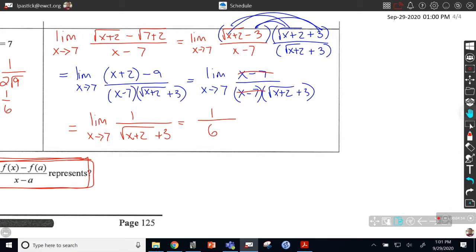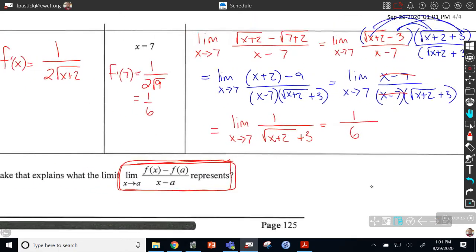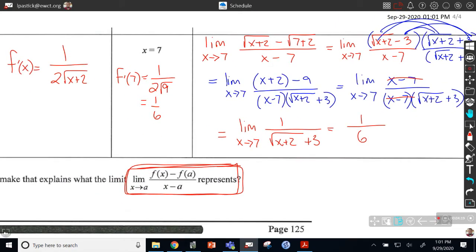You're going to notice that we just achieved the same answer here for this big old difference quotient as we did in the middle when we simply evaluated the derivative at 7. So what did we just find out?